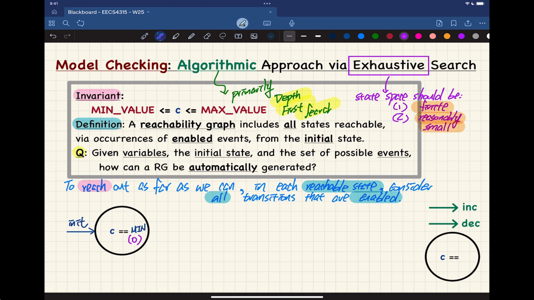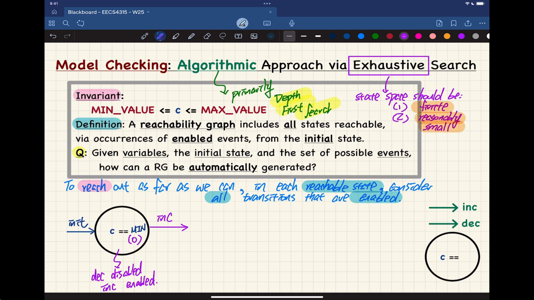So you can think about in this particular state, the decrement is disabled, but the increment is enabled. Right? That's very important for you to see when you're building the reachability graph. All right, so what I will do is I'm going to just say I can now do increments over here.